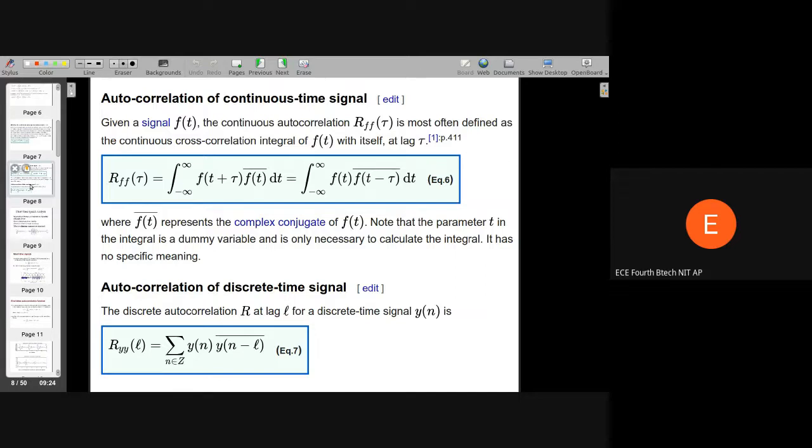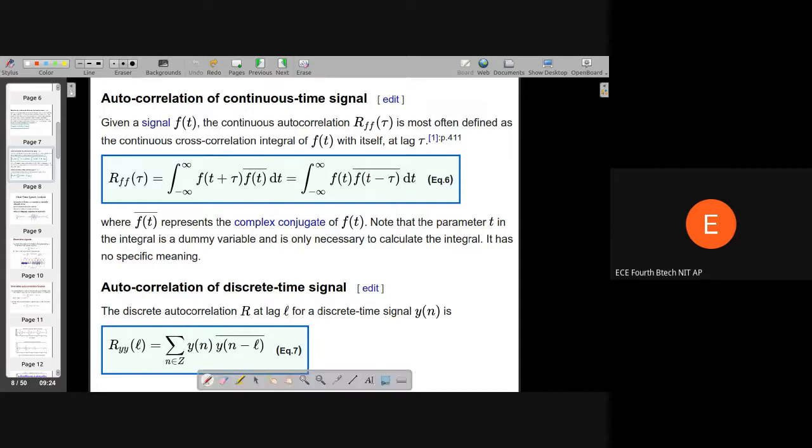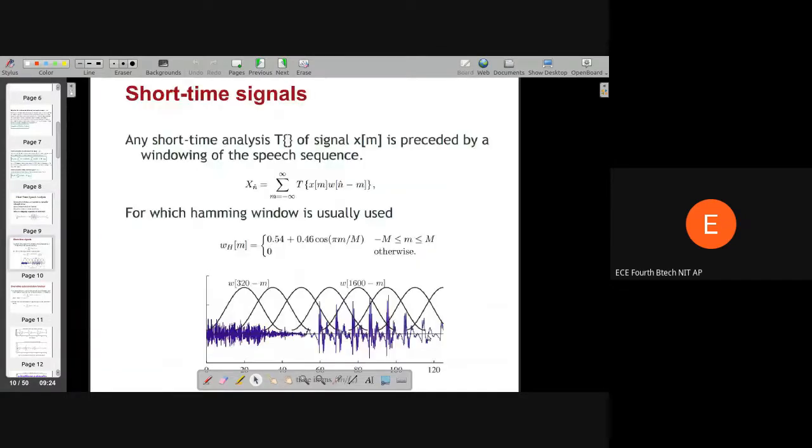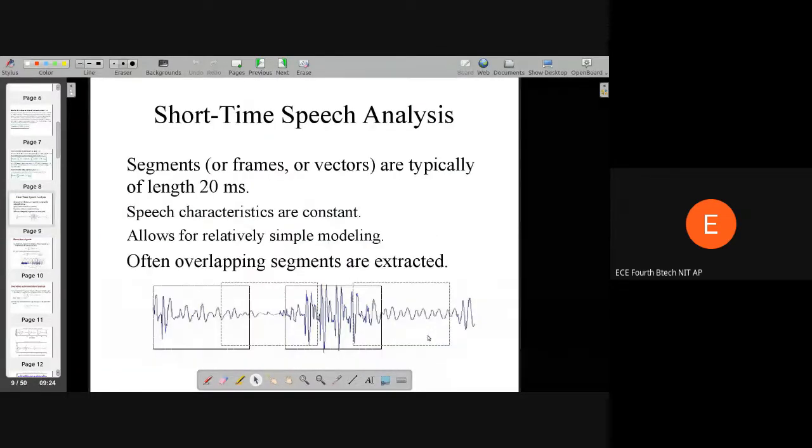So let's see if the slides are there. Yes. Before that, I think it's better I talk about short time speech analysis and the importance of windowing.